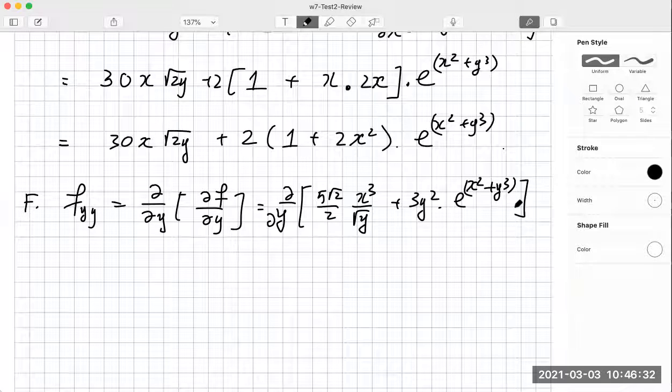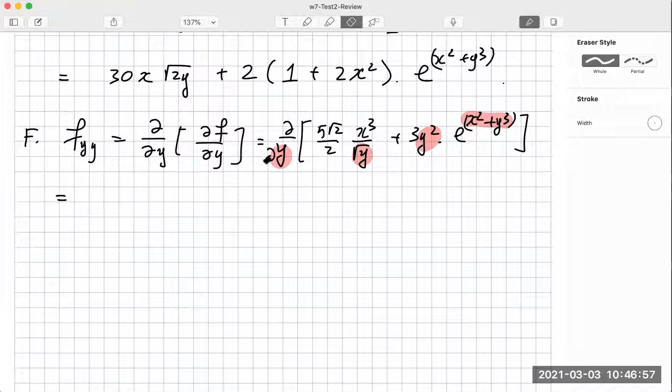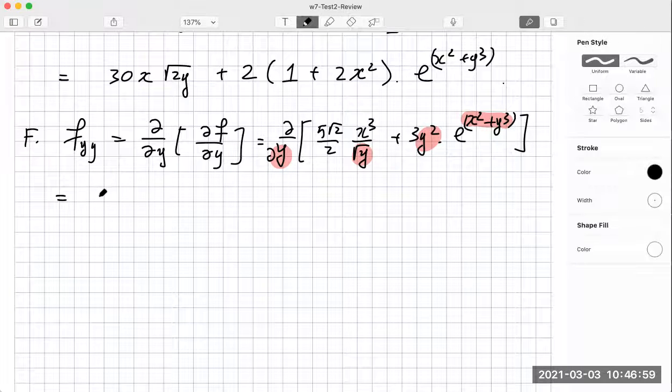Okay, same story. This is the variable. Again, for the second term we should use the product rule. And the first guy becomes the partial derivative with respect to y; let us write the constant out first, to make our life easier.